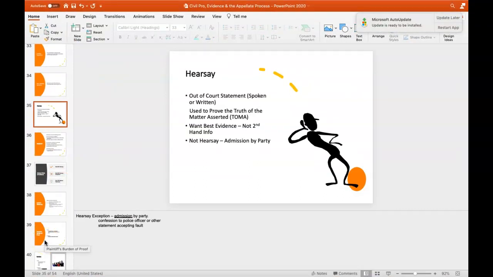Hearsay is defined as an out-of-court statement. It can be spoken or written. It is used to prove the truth of the matter asserted. What does this mean? The idea is that Wendy is testifying as to what Dennis told her, and this is secondhand information.